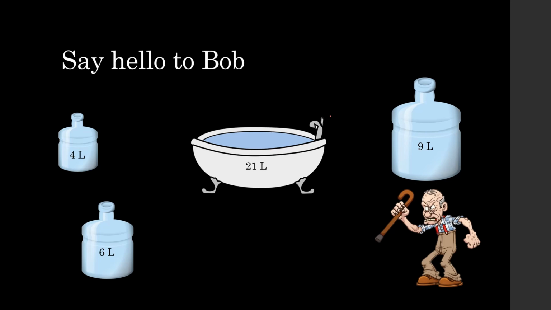And again, we can't approximate by making 2 liters by filling the 4-liter jug halfway or anything like that. And similarly, we can take water that's already in the bath and fill a jug with it so as to remove exactly that amount of water from the bath. So I can remove exactly 9 liters from the bath, remove exactly 6 liters from the bath, or remove exactly 4 liters from the bath.